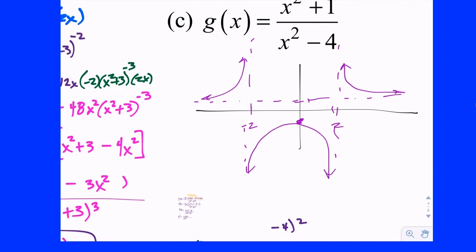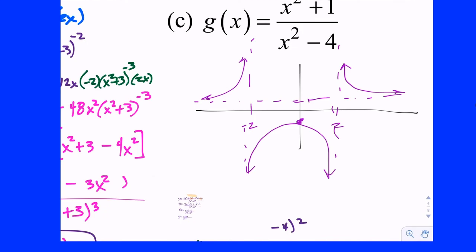This function, of course, is increasing for x from negative infinity up to negative 2, union negative 2 to 0, decreasing from 0 to 2, union 2 to infinity. There is a local maximum, as I anticipated, at x equals 0. Let's talk about concavity. This graph is concave up like a cup from negative infinity up to negative 2, union 2 to infinity.